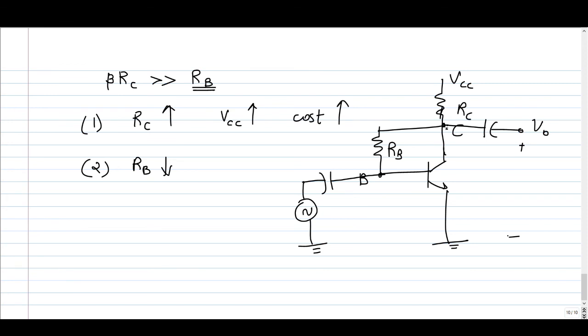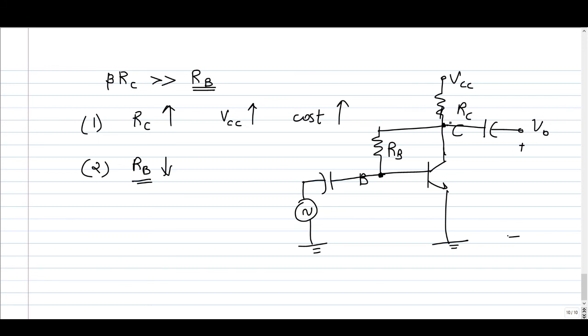Okay, so the implication is this resistance RB serves as a feedback path between collector and base. So if you reduce the value of RB, there is more feedback from output to input. So it is actually a negative feedback, and it will reduce the gain of the transistor. And those aspects we will see later in the course.